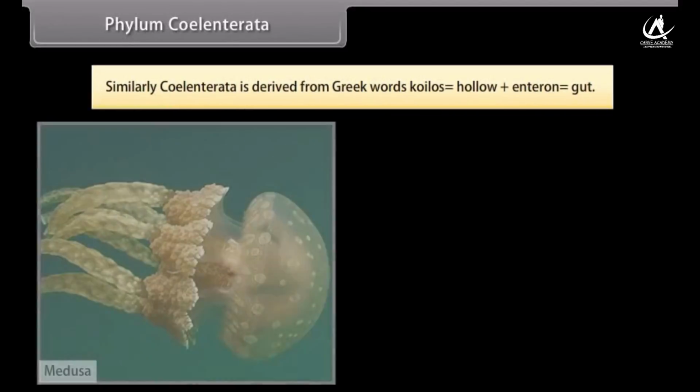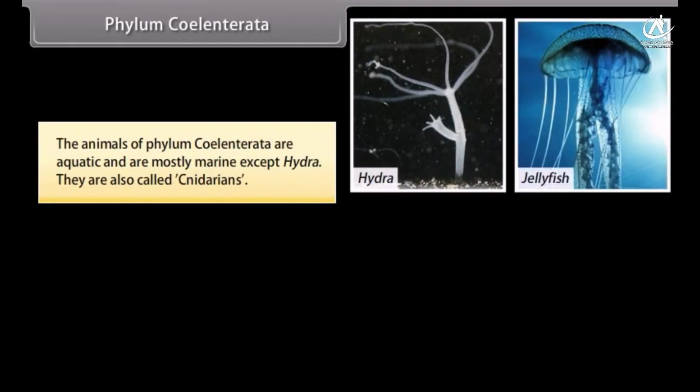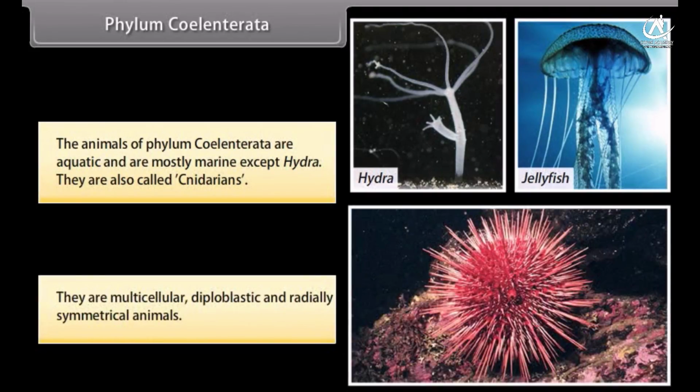Phylum Coelenterata. Similarly, Coelenterata is derived from Greek words koilos, hollow, plus enteron, gut. The animals of phylum Coelenterata are aquatic and are mostly marine except Hydra. They are also called cnidarians. They are multicellular, diploblastic, and radially symmetrical animals.